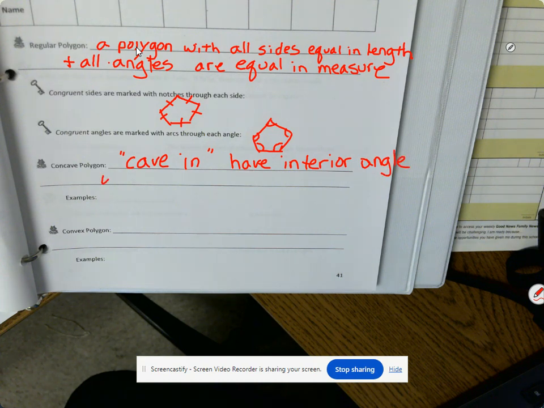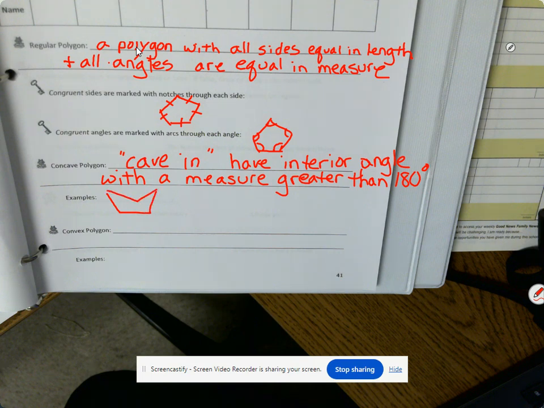with a measure greater than 180 degrees. So when we look at that polygon, we can see that there is a side that has caved in. Concave has a cave in on a side.